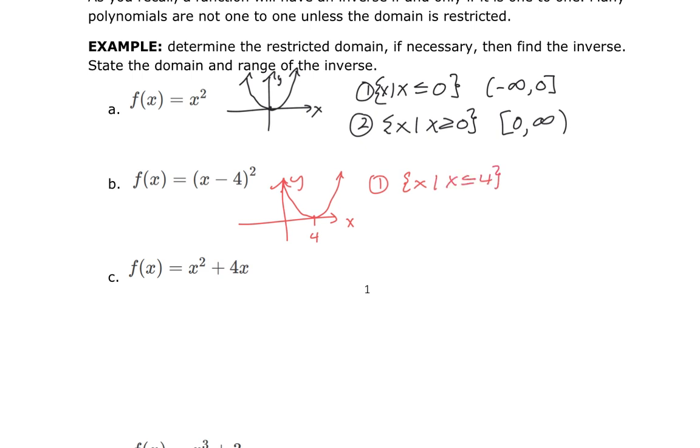Notice we are restricting the domain at the vertex. So I could write this as from -infinity to 4, because that is the x part of the vertex. Or I could take the right side of the vertex and onward, so x such that x is greater than or equal to 4. So I could start at 4 and then go to infinity.